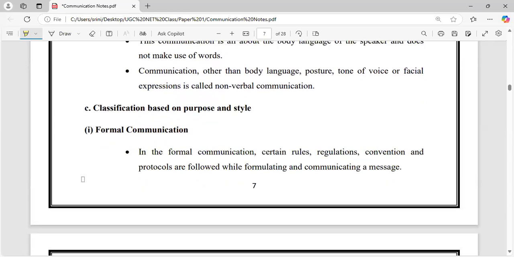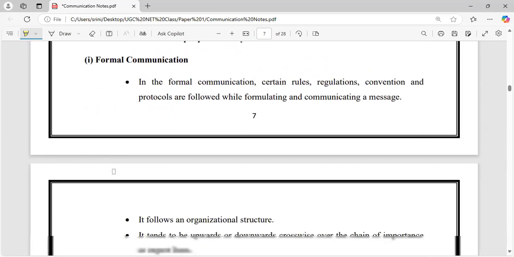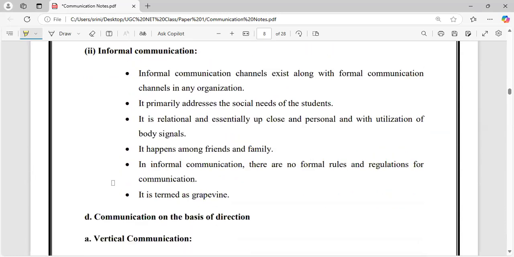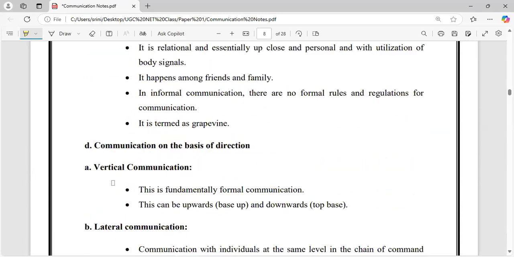Communication classified based on purpose and style is formal communication and informal communication. Then communication on the basis of direction: vertical, lateral, horizontal, upward and downward communication, mostly in organizations.